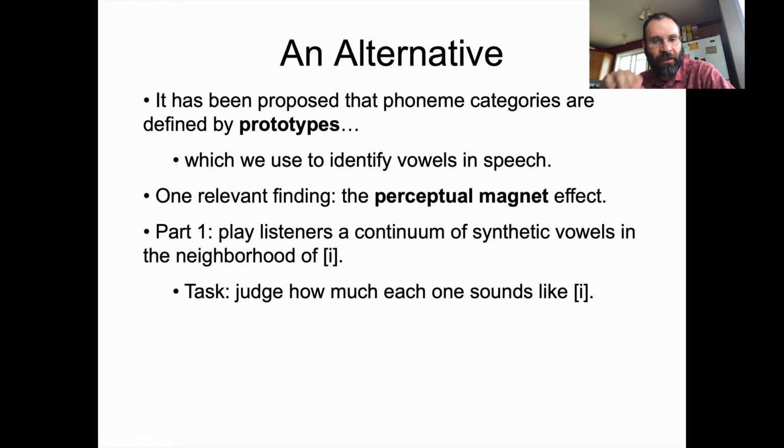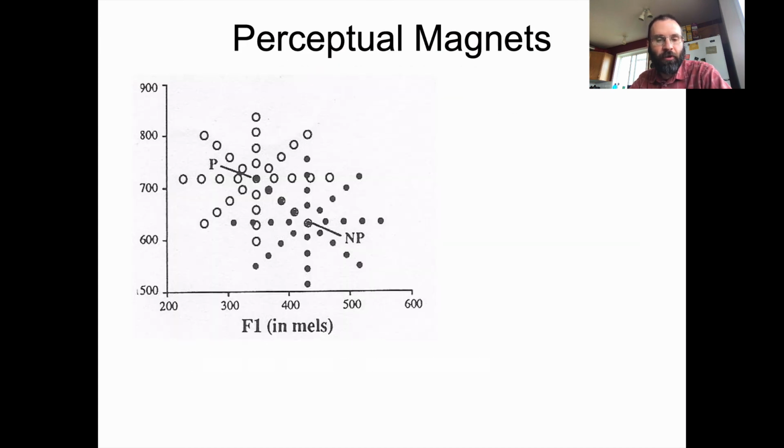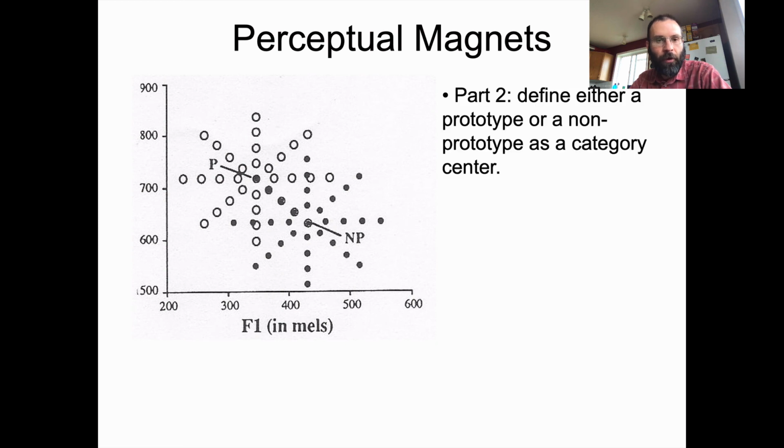They played listeners a continuum of synthetically produced vowels in the neighborhood of the vowel E. For each one, listeners gave a gradient measure of how much it sounded like E, until they got into the neighboring categories like A or I. They found that some synthetic vowels get better ratings than others, and again, they're only varying by their specific formant frequency in the center of the vowel. Some were judged to be prototypical, others non-prototypical or more peripheral in the category.